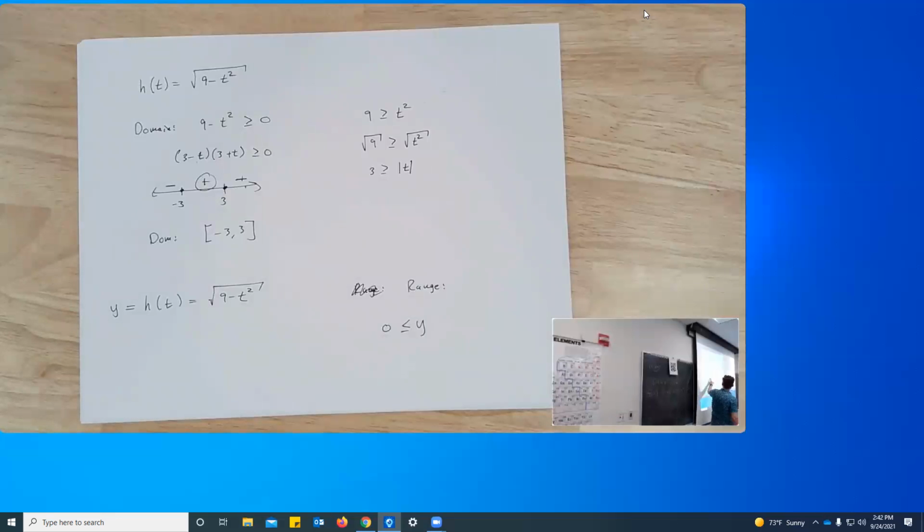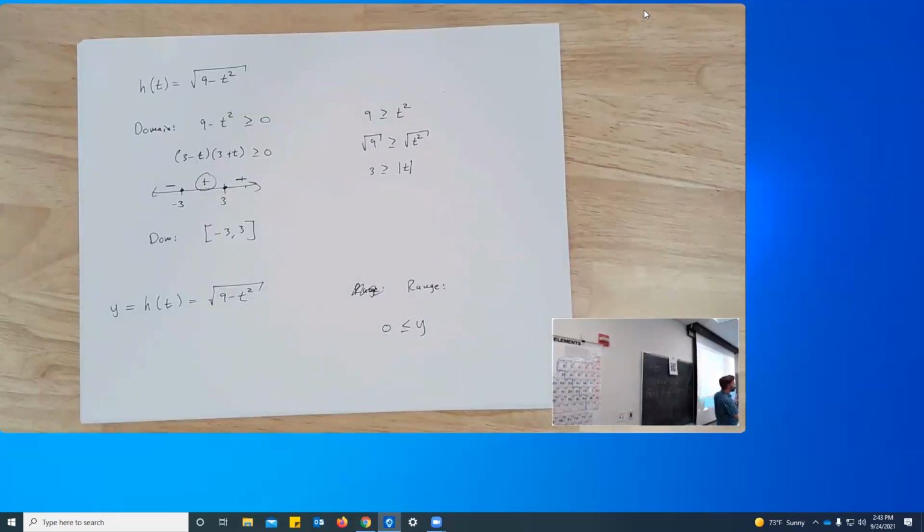Well, to make this thing as large as possible, if I'm subtracting off t squared, I want to make t squared as small as possible. What's the smallest t squared can be? Could it be negative? Can t squared be negative? I don't think so. If you're picking real values for t, it cannot.